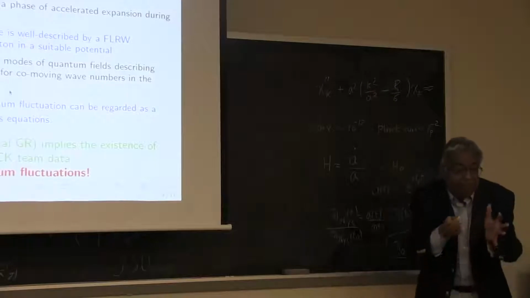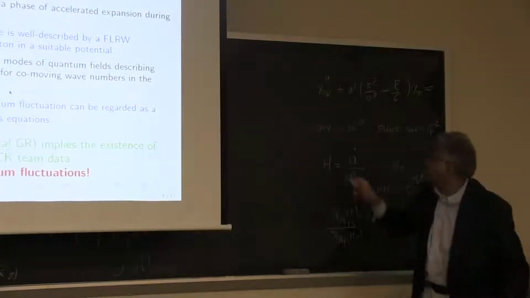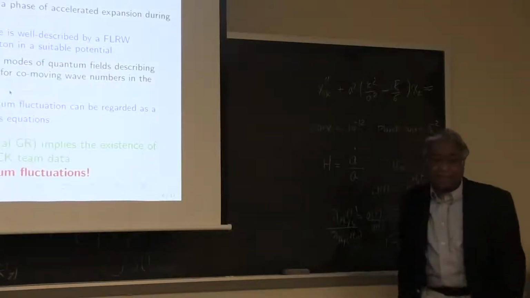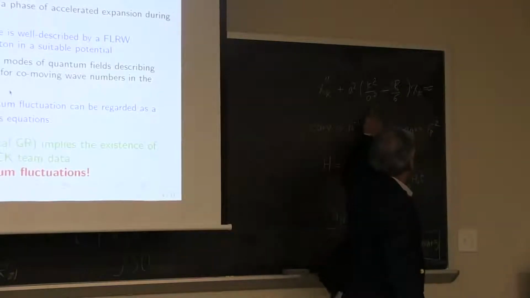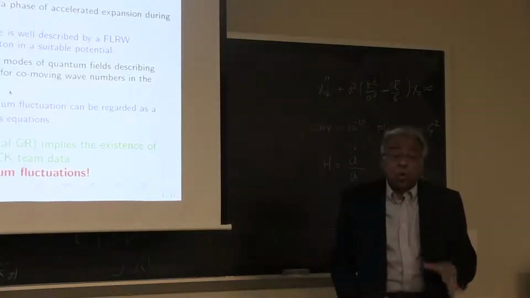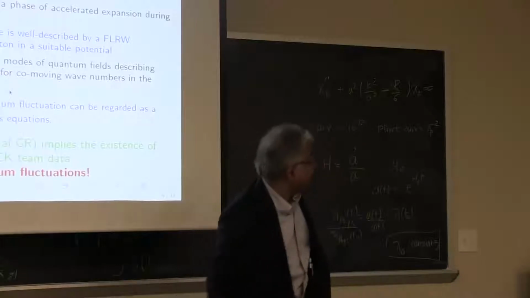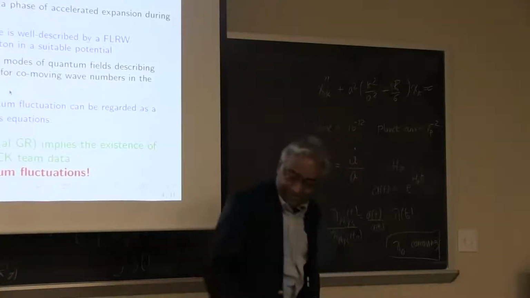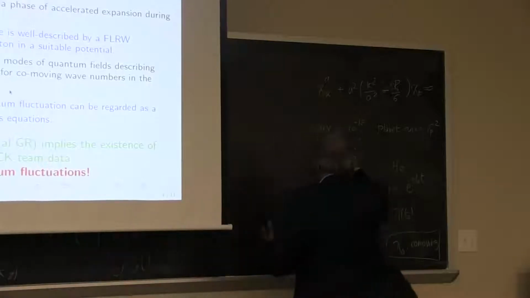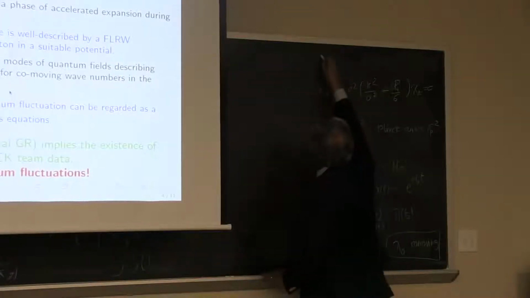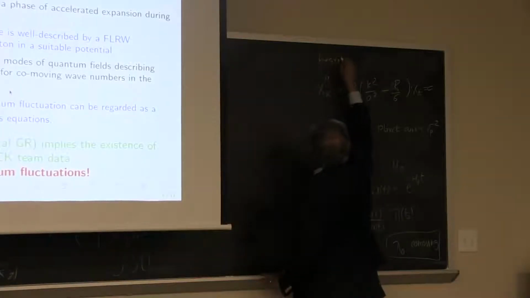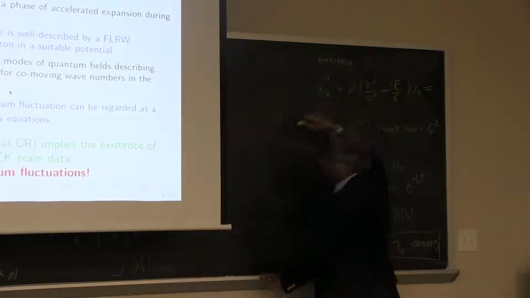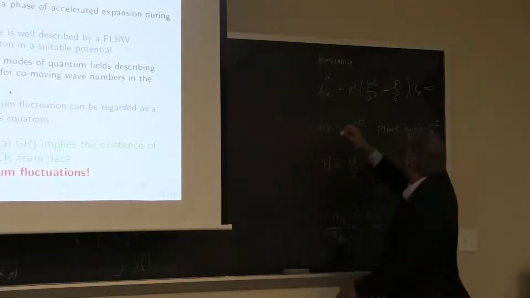Now in the beginning of inflation, k squared is greater than R by 6 up here, which means that at the beginning of inflation the wavelengths are smaller than the curvature radius.